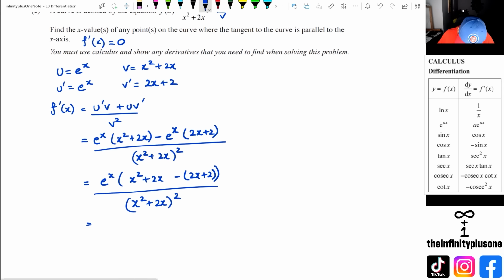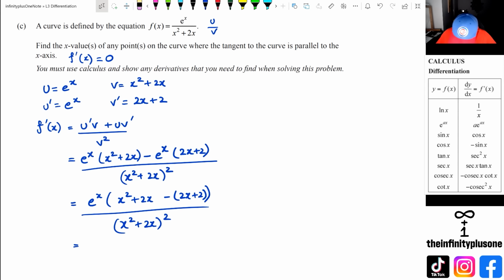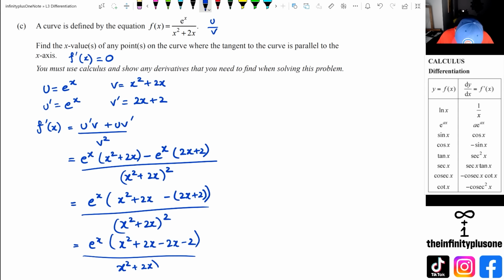So the next step is sorting out that bracket inside there. So I'm going to get e to the power of x multiplied by x squared plus 2x minus 2x minus 2, and the whole thing over x squared plus 2x, all squared.